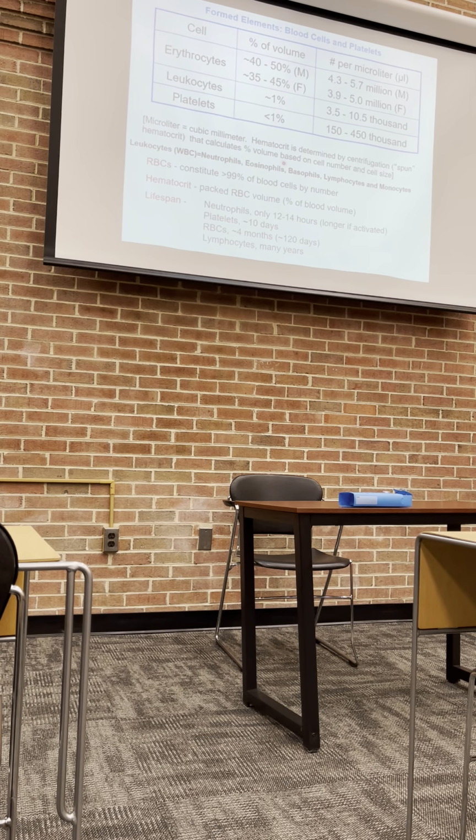And this is just a bit more detail of the values that you see for those. So starting with the erythrocytes, in a male, typically 40 to 50% of the volume of the blood, and then 4.3 to 5.7 million per microliter.